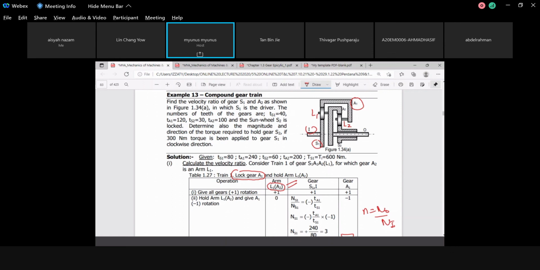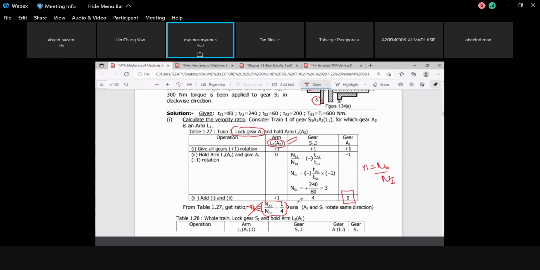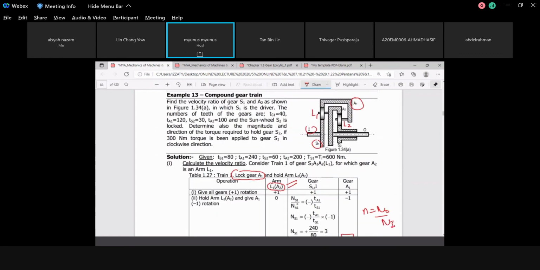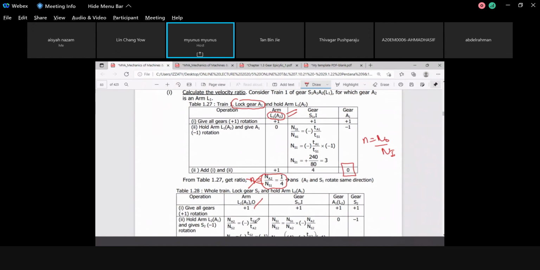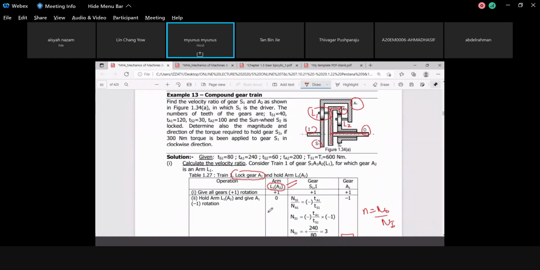So A2, L1. Then S1: look, you have O, meaning it is attached to that shaft. So A2, this one is L1, you have O, correct? The next one, S1, I is correct, don't change.